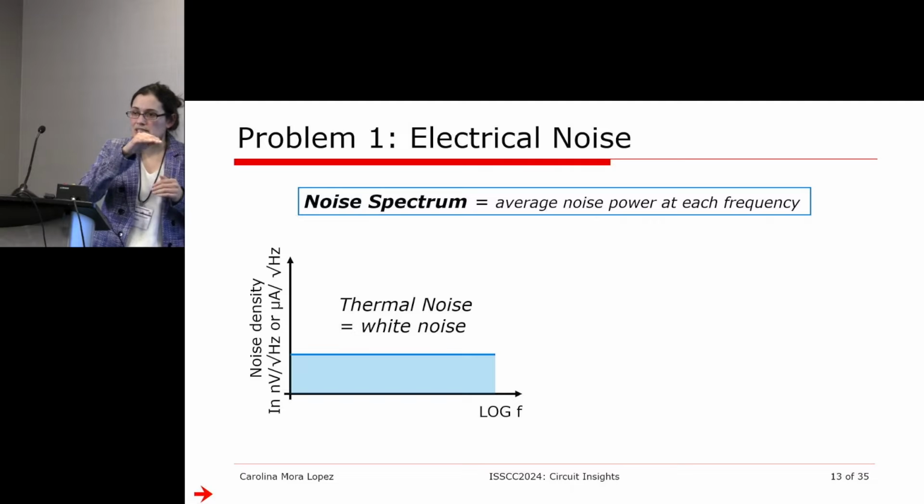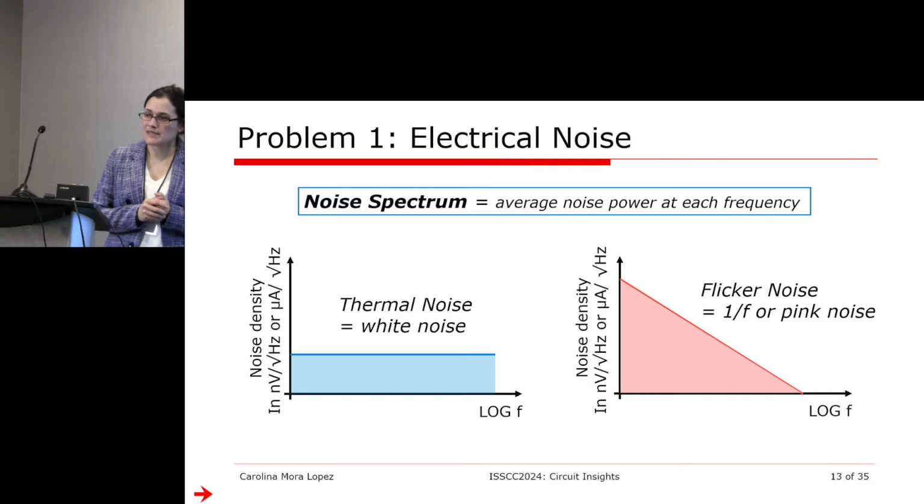The noise is more or less the same at every frequency component, and because of this it is also called white noise. Instead, if we do the same plot for flicker noise, it is no longer flat, but has a 1/f roll-off, and that is why it is also called 1/f noise or pink noise.